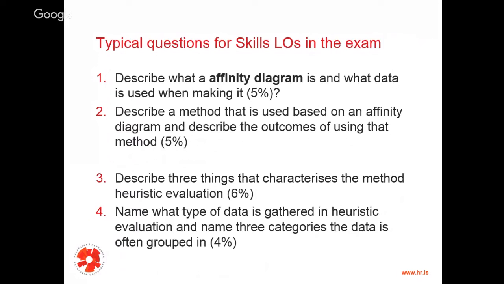The data used is interview results, and the affinity diagram is a structure or grouping of that data in a tree structure. So you can see what is related and get an overview of all the data from the interviews. This would be a very nice answer.